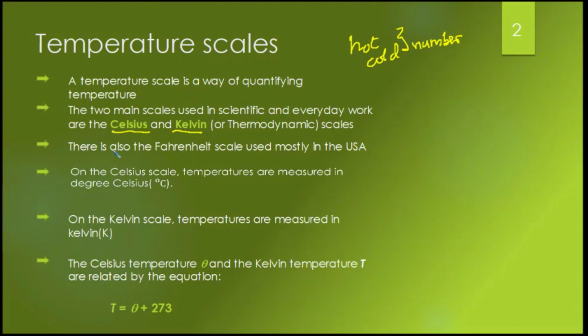Of course, there is also the Fahrenheit scale, used mostly in the USA. On the Celsius scale, temperatures are measured in degrees Celsius, and on the Kelvin scale, they are measured in Kelvin. Observe that there is no degree symbol here, so we simply write maybe 20 Kelvin.